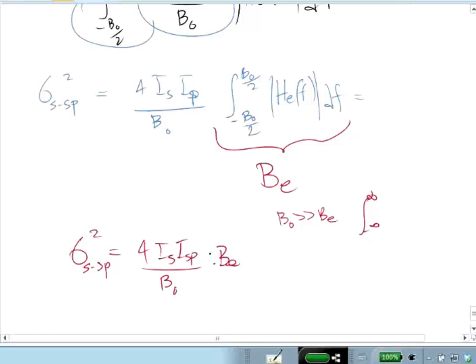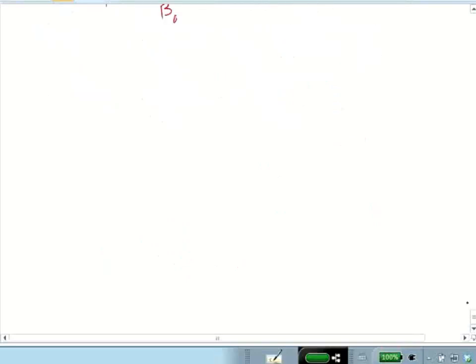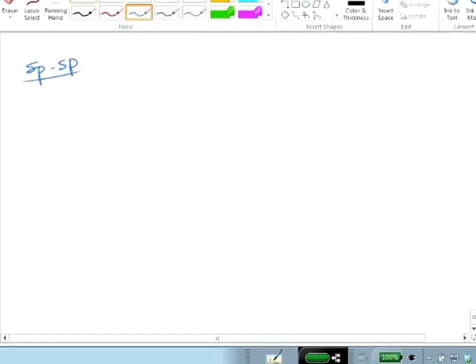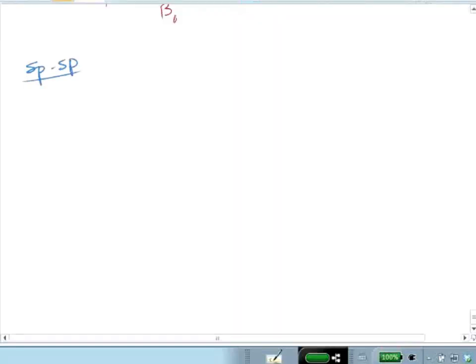If we look at the case of the spontaneous-spontaneous term, it's a little more complicated. Let's see if I can draw it for you here. I have this power spectral density that went from minus B0 to plus B0, and now I'm thinking in terms of a square electrical filter as an approximation.